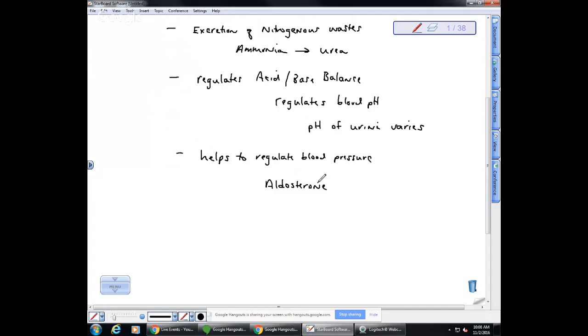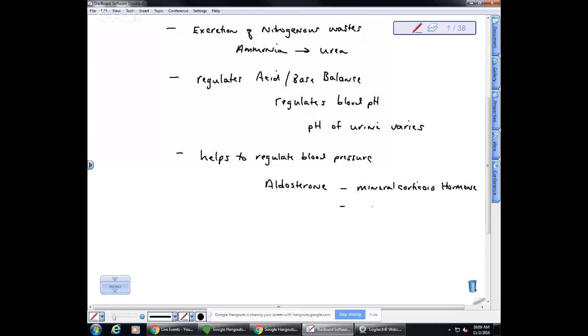And so this is said to be a mineralocorticoid hormone. And so it's secreted by the cortex of the adrenal gland. Remember that the medulla of the adrenal gland is actually nervous tissue. And it's a mineralocorticoid hormone.